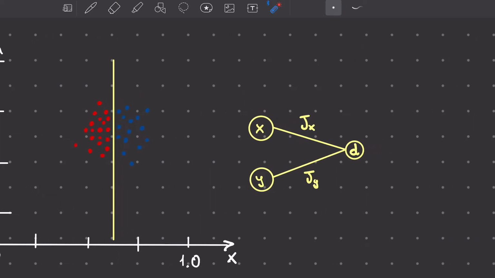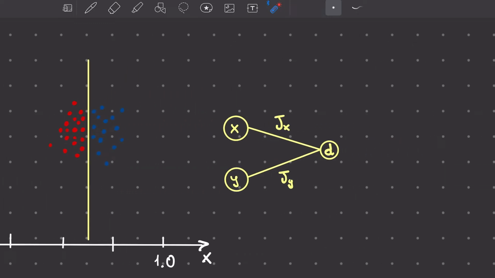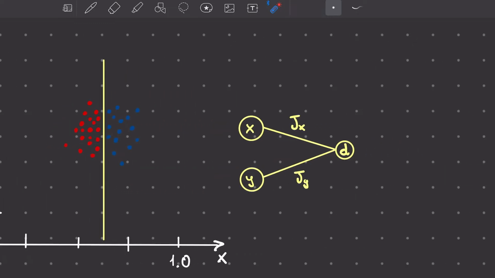It can be showcased with this little diagram here, from which we can see that we take inputs, the x coordinates and the y coordinates, and then we come up with this d, which can be understood as a label.